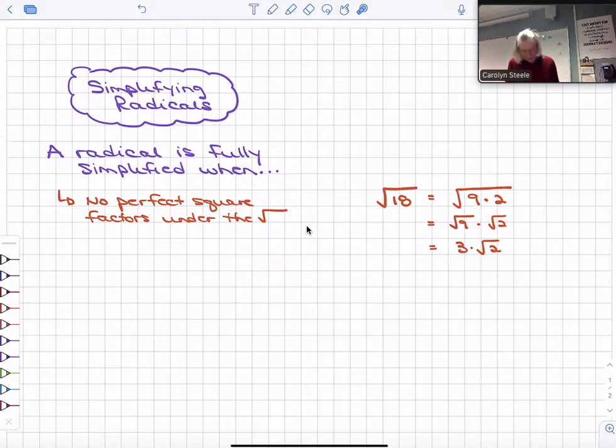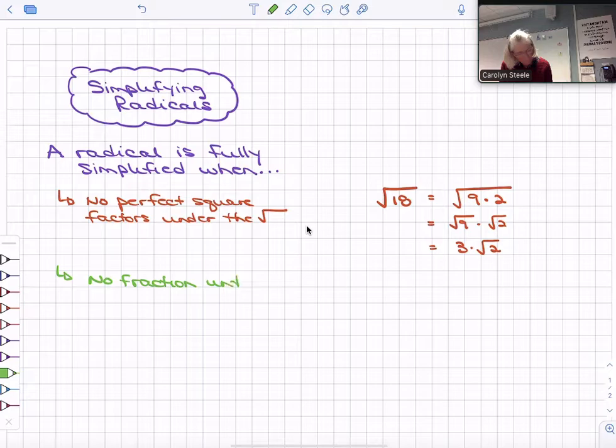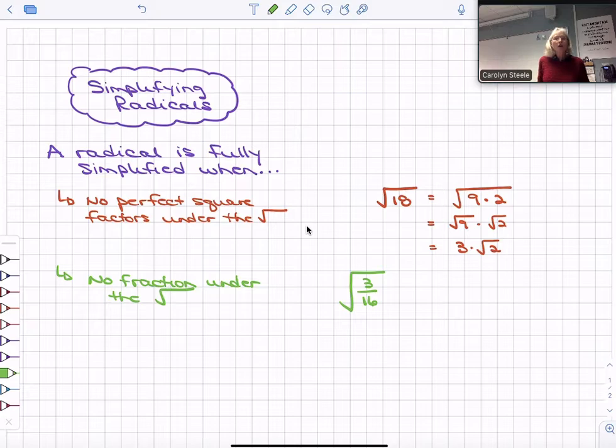The next thing is pretty simple, and that's the fact that we can have no fraction under the radical. So for example, if I had the square root of 3 over 16, can't have that fraction under there.